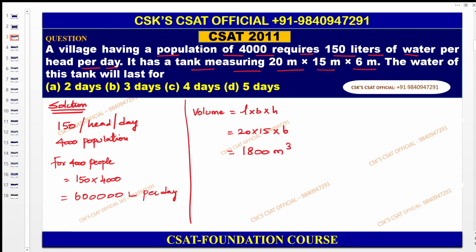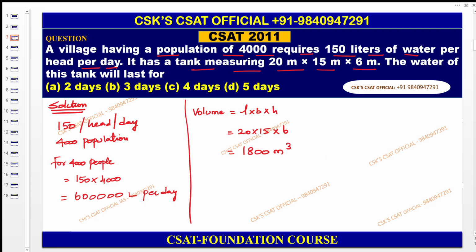Nowadays the UPSC is giving unit-related kinds of questions. So learn the unit conversions, like meter into millimeter, liter into milliliter, centimeter to meter. First try to learn these kinds of things. This is very important.